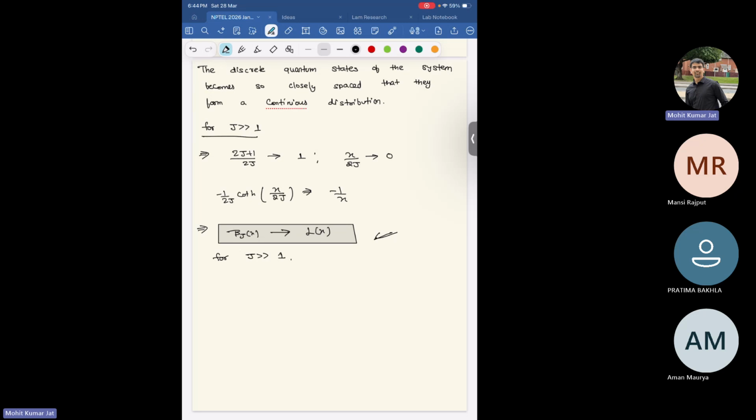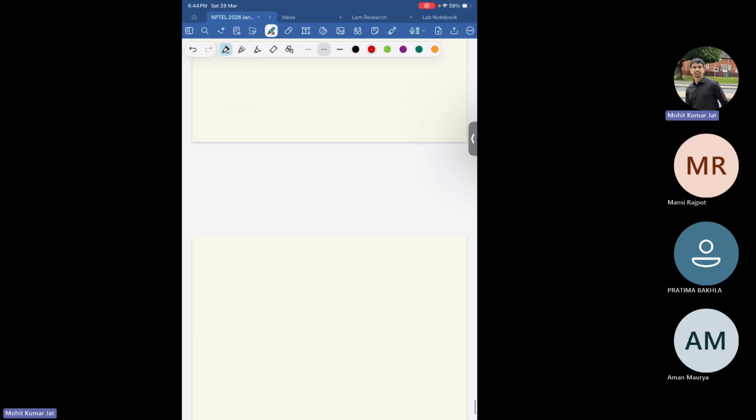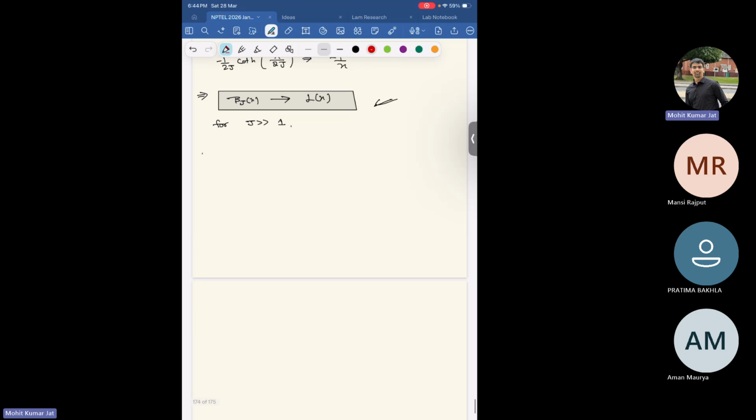So the question goes like, in a given magnetic field H, from the mean field solution.